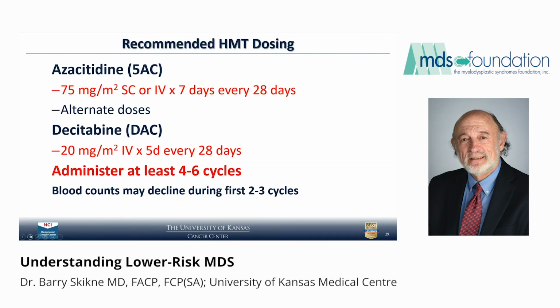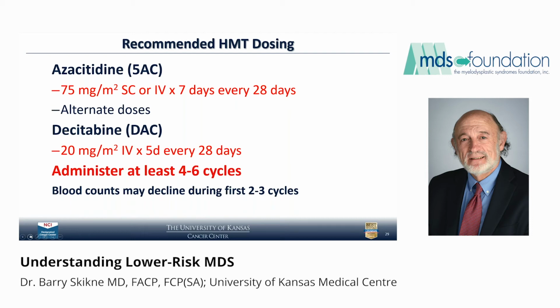So just a few words about the HMTs, azacitidine or Vidaza, and Dacogen. It's important to know that one should administer at least 4 to 6 cycles of therapy before one can decide whether this is working or not. Because usually with the first 2 to 3 cycles of therapy, one will see a decline in the blood count.